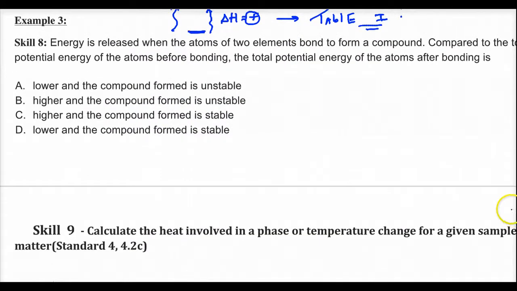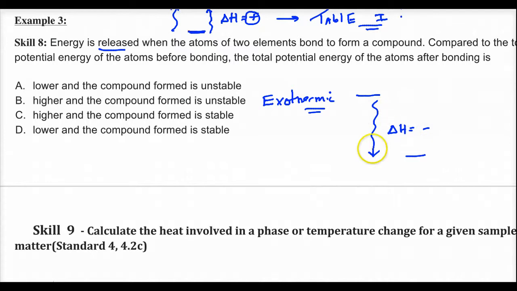The next example. Energy is released, screaming to you exothermic, when bonds form. If it's exothermic, you're starting with something unstable and you're getting stable and you're going down. That's why your delta H is negative. But if you're going down in energy, are you creating something stable or unstable? Well, low in energy is stable.